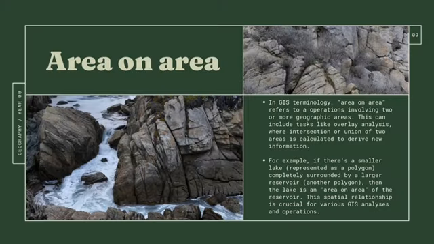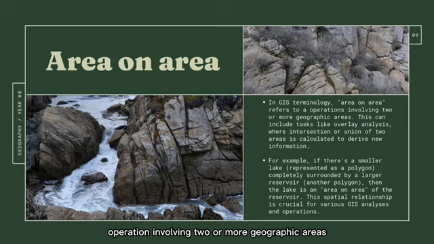Last but not least, in spatial analysis, we have area on area. In GIS terminology, area on area refers to an operation involving two or more geographic areas. This can include tasks like overlay analysis, where the intersection or union of two areas is calculated to derive new information.